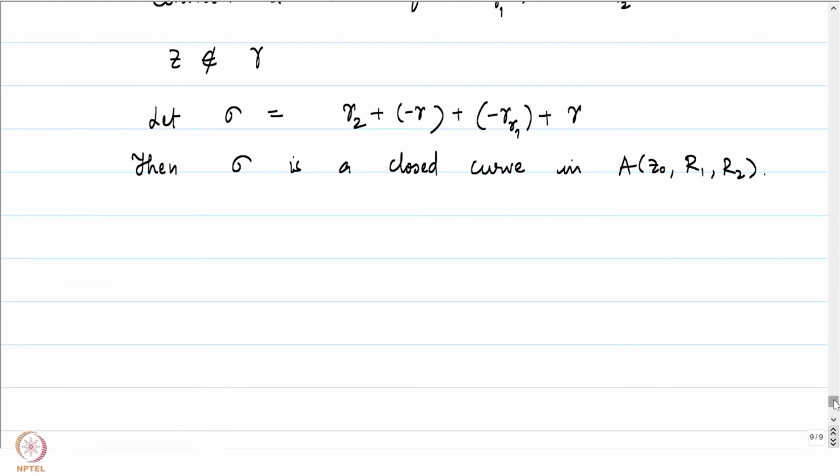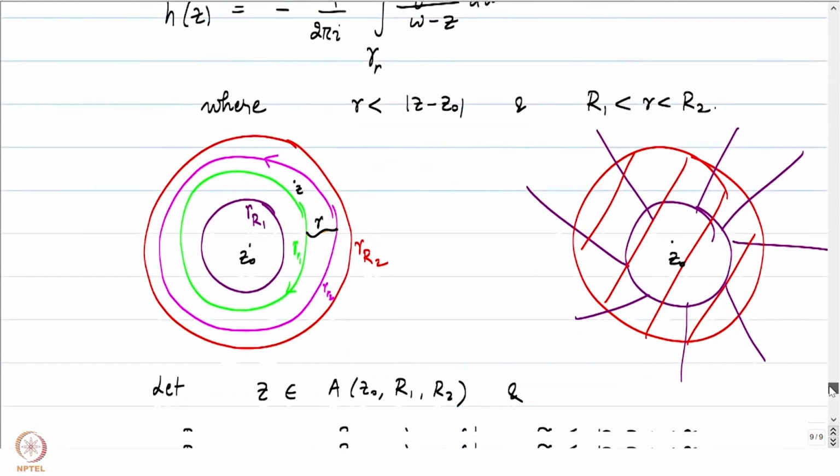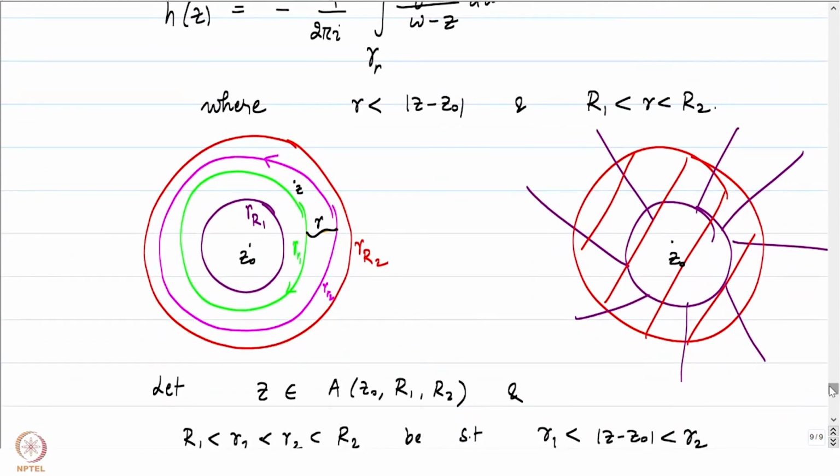I am going to say that sigma is also null homotopic. Let me not give you an explicit homotopy here, let me just give you the idea. The idea is that you can go along this curve, this is the starting point, and then at every stage you go like this, go along this curve, and then come back in this curve.